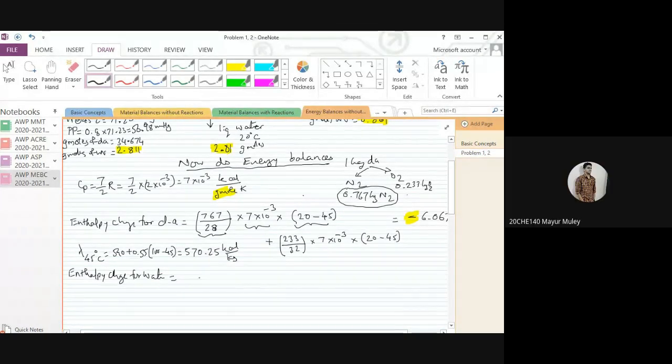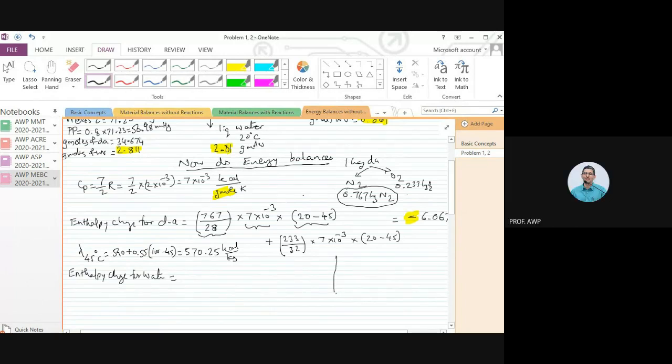Then my H2O is in liquid form now, so I took it from 45 degrees Celsius to 20 degrees Celsius. So the mass of 2.01 moles is.